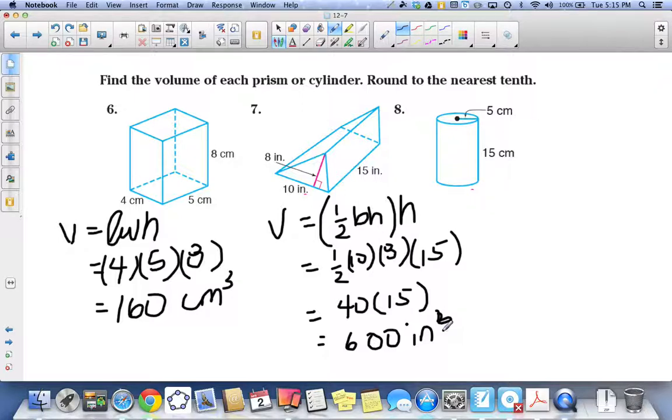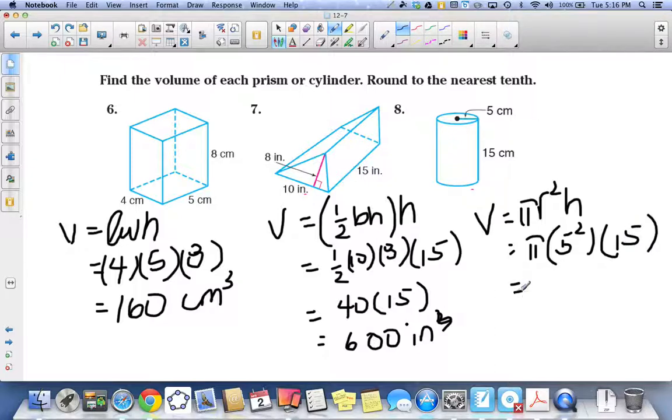And finally, the last one, this is a cylinder. So write down the formula for volume of a cylinder, which is equal to pi r squared h. In this case, we are given the radius. So this becomes pi times 5 squared first, which is 25, times 15.